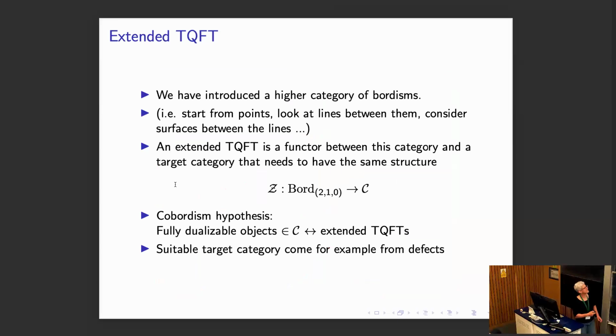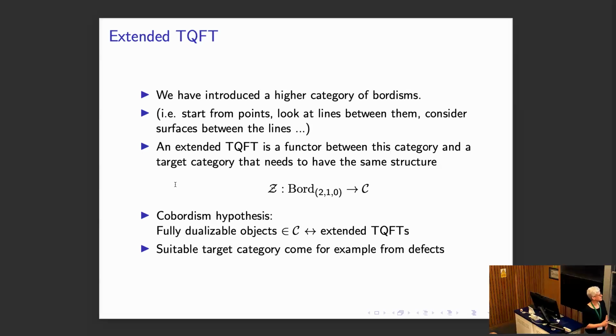Good. So we have this higher category of bordisms from points and lines and so on. And now we need to formulate a functor. I already said this on some of the slides, but let's summarize it here. So we need this extended TQFT that's supposed to be a functor between this bordism category and a target category of appropriate structure.